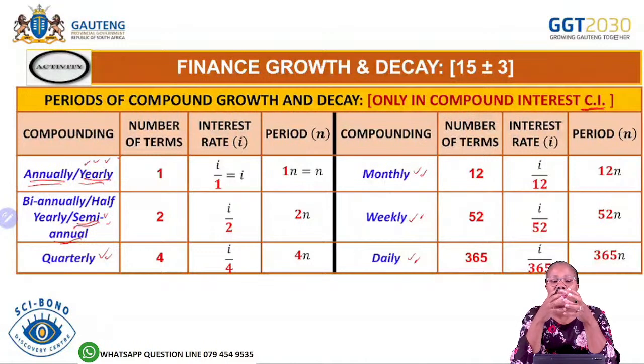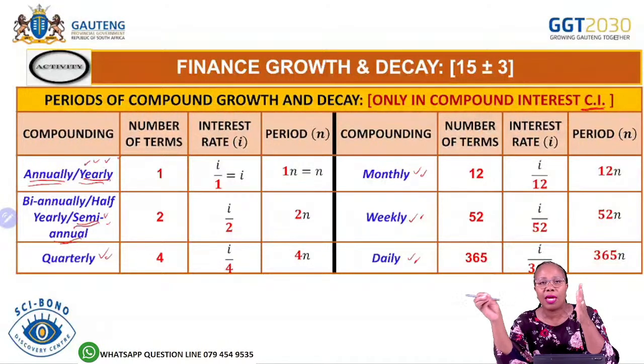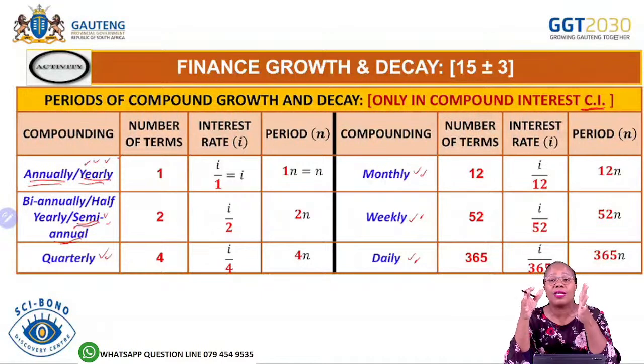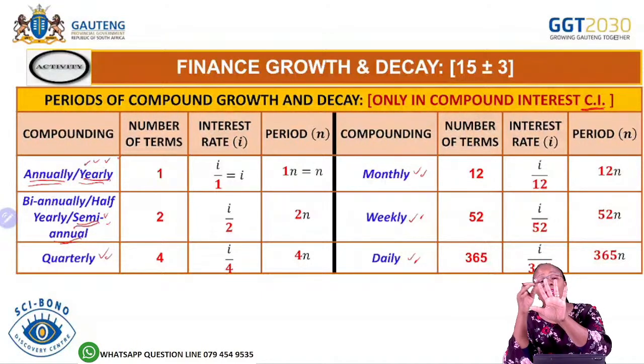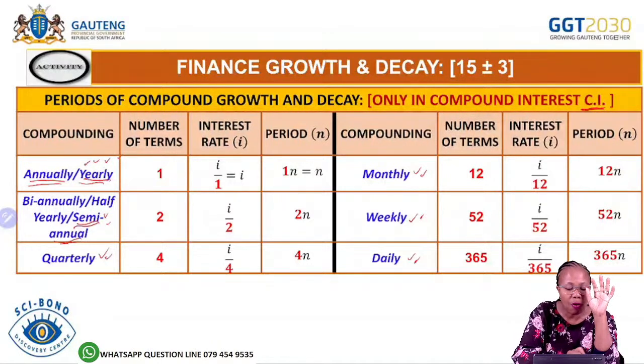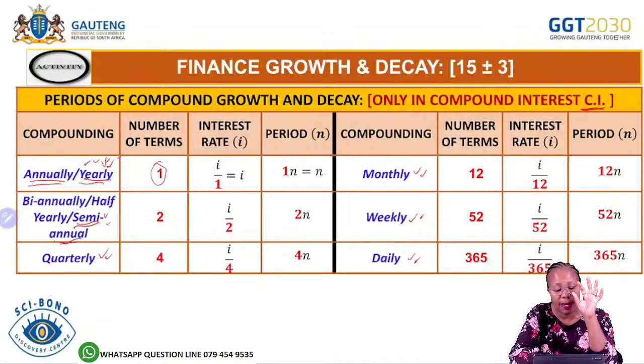Let's say you have invested the money and they say they compound this yearly. That means the interest will be added only once per year into the money that you have invested. If you invest for a period of 5 years, that means your interest will be added only 5 times if it is compounded yearly. And then the number of terms will be only once in a year.